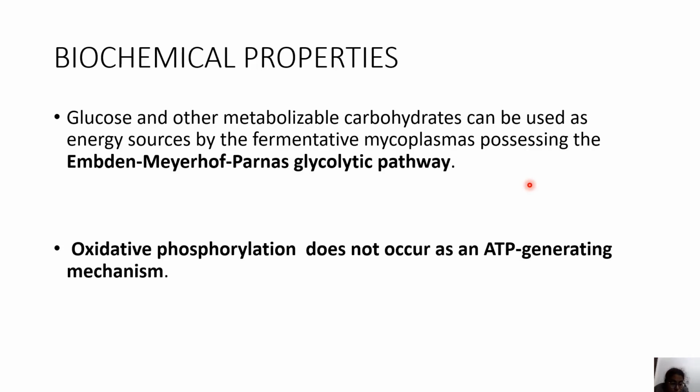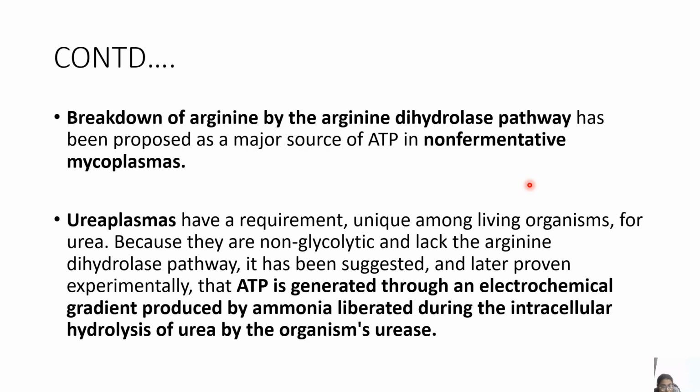Glucose and other metabolizable carbohydrates can be used as energy sources by the fermentative mycoplasmas possessing the EMP glycolytic pathway, Embden-Meyerhof-Parnas, and oxidative phosphorylation does not occur as an ATP-generating mechanism. Breakdown of arginine by the arginine dihydrolase pathway has been proposed as a major source of ATP in non-fermentative mycoplasmas.